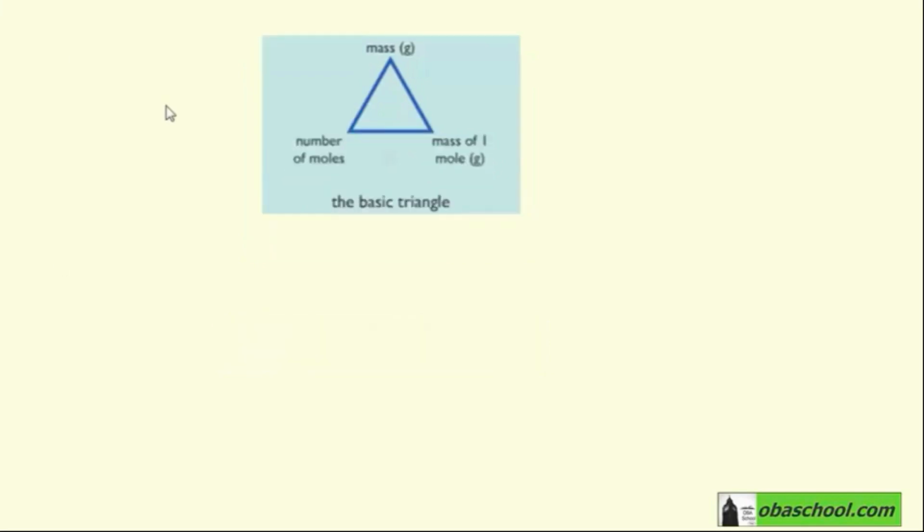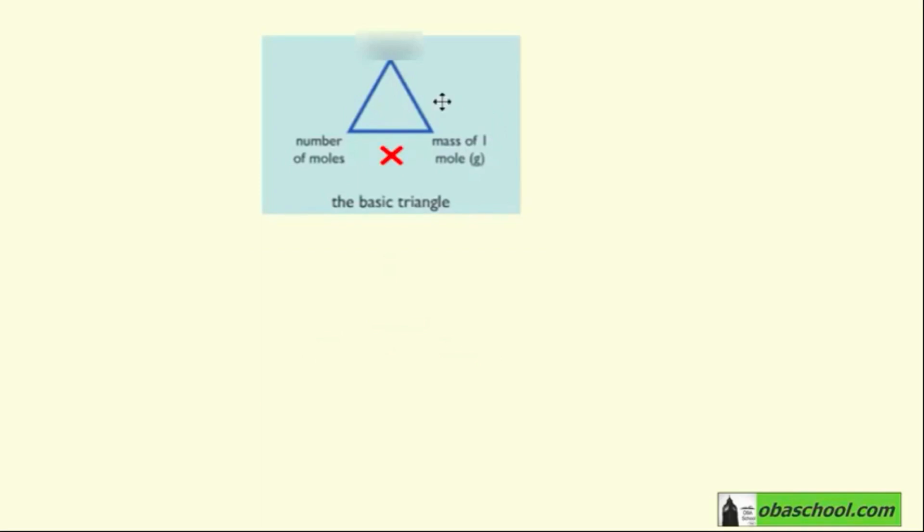Now we are asked to calculate the mass. So how do we find the mass if we don't have a rule for the mass? Look what we will do. We will hide the mass, and now we are left with the number of moles and mass of 1 mole. We will put times between them.